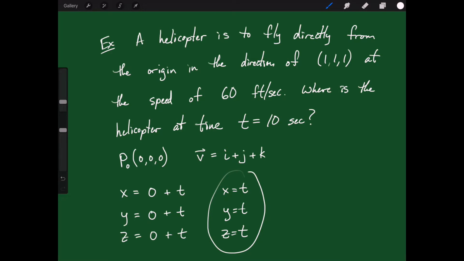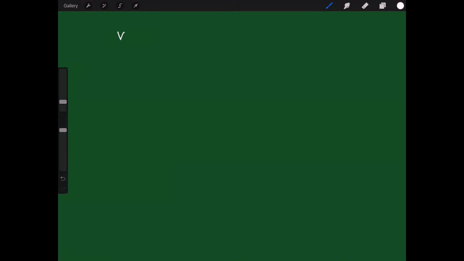And so what I need to do is say, okay, when I've moved 1 unit in the t direction, it would be quite good if I had moved 60 feet in the v direction. And the way I'm going to do this is the following. First, instead of looking at v, I'll look at another vector that is very similar to v, and it points in the same direction. I said that v is equal to i plus j plus k.